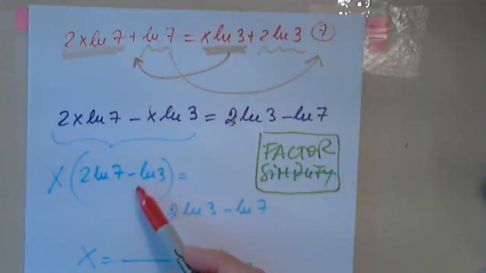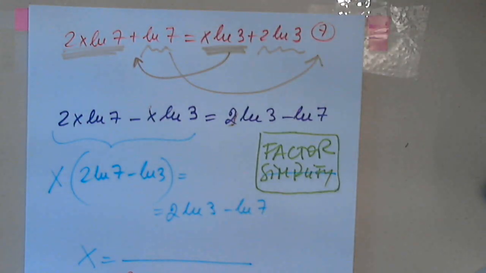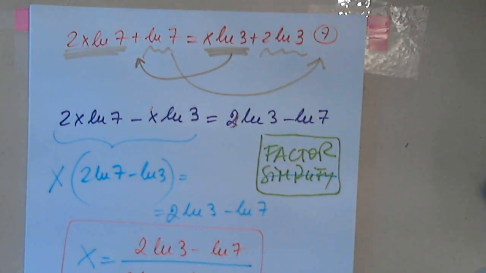This is just a number that multiplies x, so it must go to the denominator. And this is 2 natural log 3 minus natural log 7. So let's summarize what happened here.